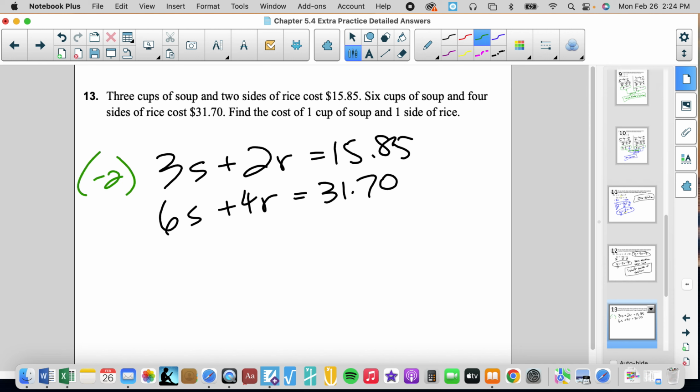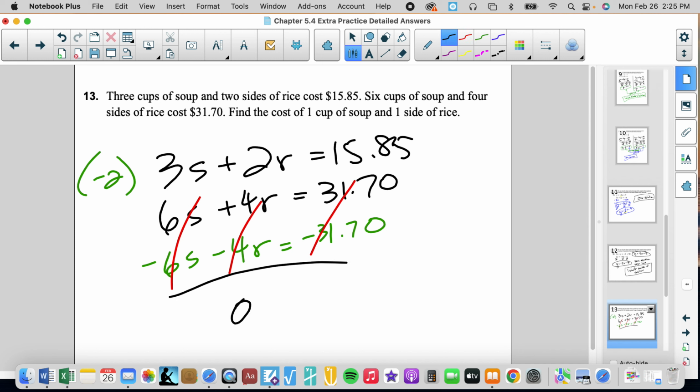I'm going to multiply this by negative 2, which will get rid of my s's. So that equation now becomes negative 6s minus 4r equals negative 31.70. So they all cancel. You're left with 0 equals 0.